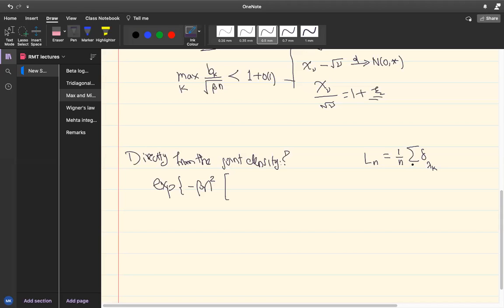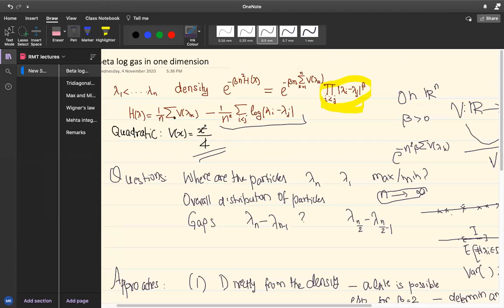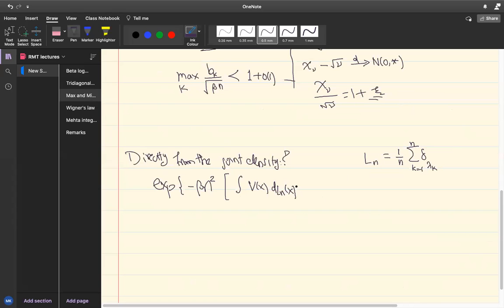I may say eigenvalues, but I mean these beta log gas particles. So look at this random probability measure L n. We'll call it the empirical spectral measure. Then the first term can be written as the integral of V of x d L n of x. You see, the first term is 1 over n summation V of lambda k. That's the average of V with respect to this measure L n, so it is just the integral of V with respect to this.